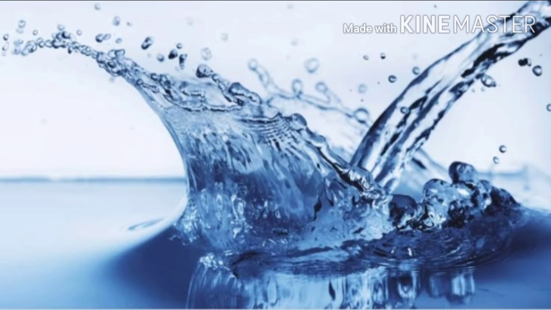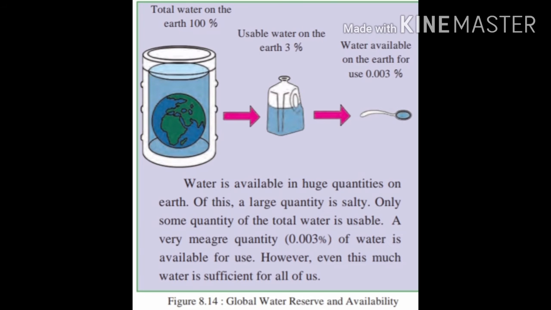All forms of life depend on water for their survival. If you know, the available fresh water that flows in rivers, in streams and is stored in lakes accounts for only 0.3%. Yet, this fraction is sufficient for various needs of all the forms of life on the earth.